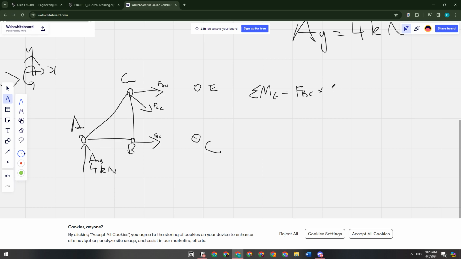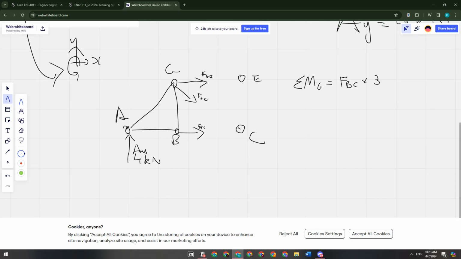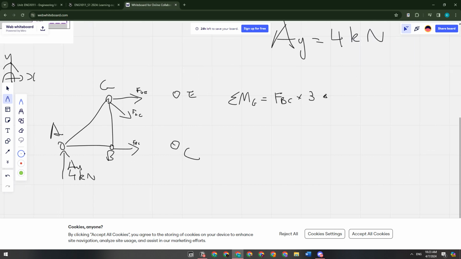Then we don't know if it's add or minus. This one's got to be clockwise for sure. So 4 minus 4 times 3.